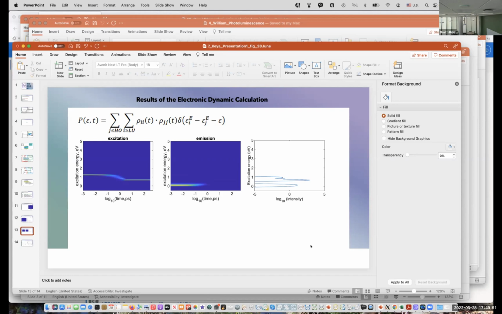Yes, just say one more time on this slide, I guess, what the P is. This one that is right now. Like what it all equals. Is that like the power, the intensity? Well, P is here for excited state to appear at certain transition energy at a certain time.